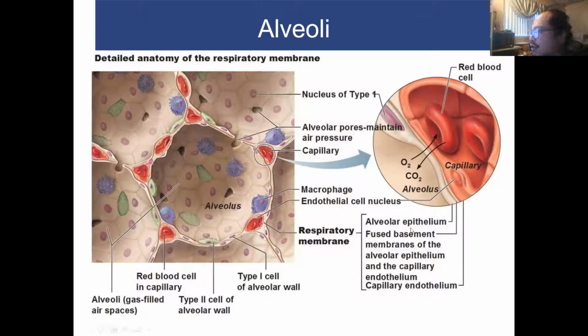This membrane includes the alveolar epithelium, the basement membrane of tissue, and the capillary endothelium. So basically, that's the respiratory membrane. It includes these. So that's that.